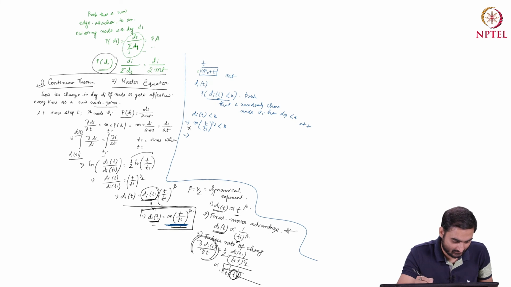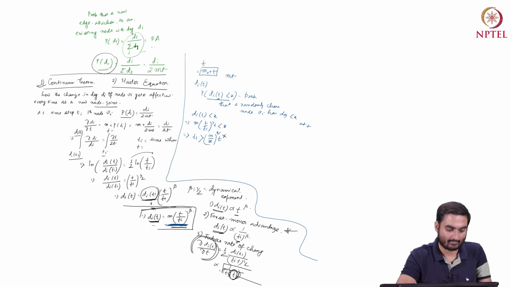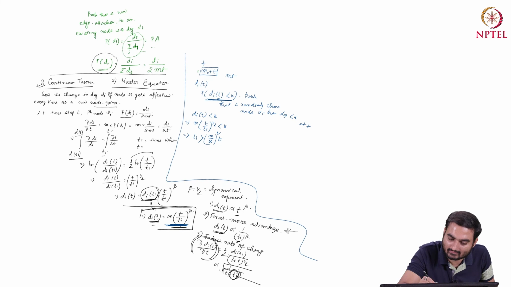If you do the math, you will get ti greater than m by k square times t. So I can replace this by this.